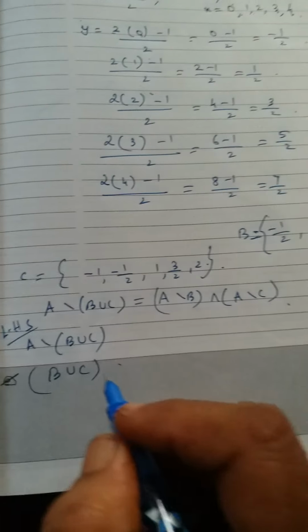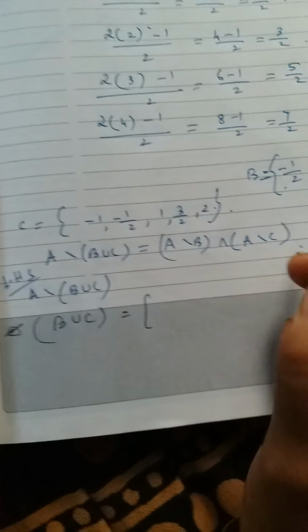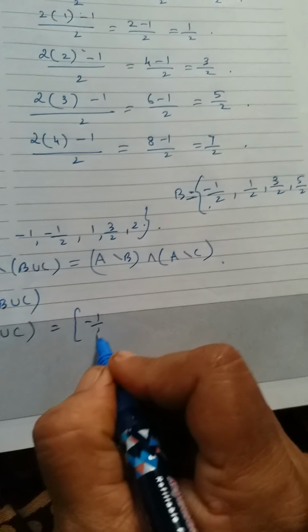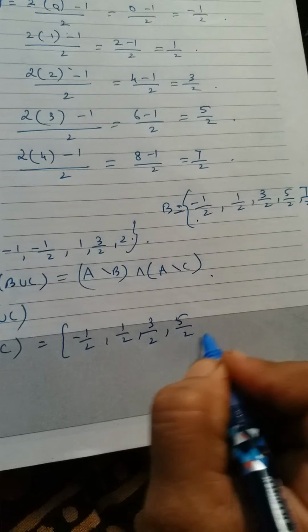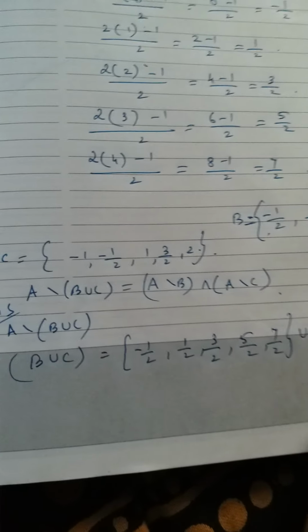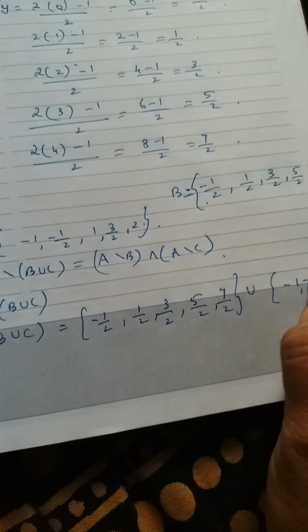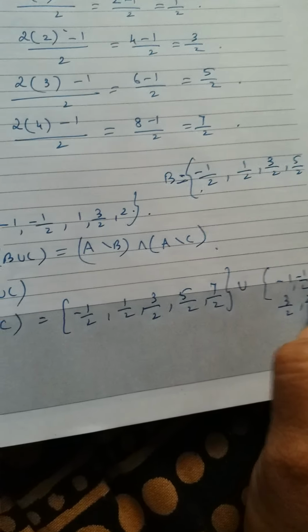B union C means you write the values of B: minus 1 by 2, 1 by 2, 3 by 2, 5 by 2, 7 by 2. Union C is minus 1, minus 1 by 2, 1, 3 by 2, 2.